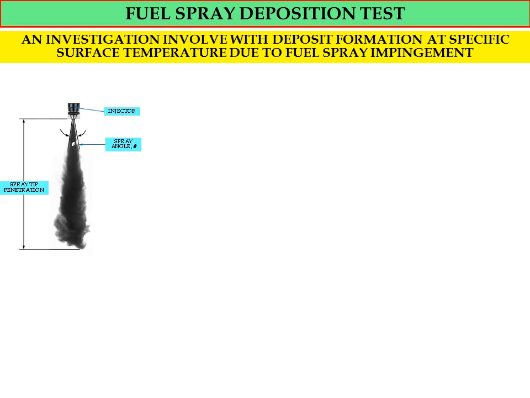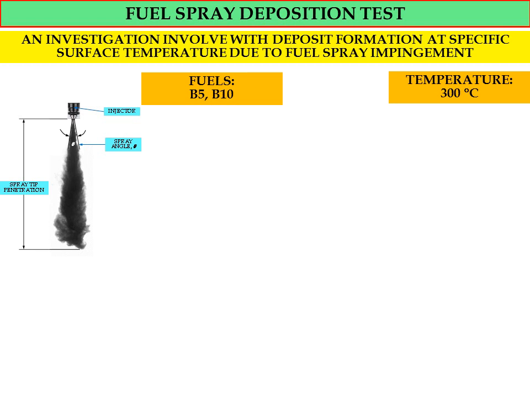The photo or figure shows the spray behavior or spray characteristic. In this test, the tested fuels are B5 and B10, so 5% biodiesel and 10% biodiesel in fuel, and the surface temperature was set at 300 degrees Celsius.